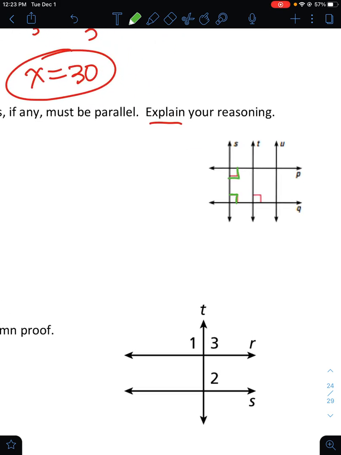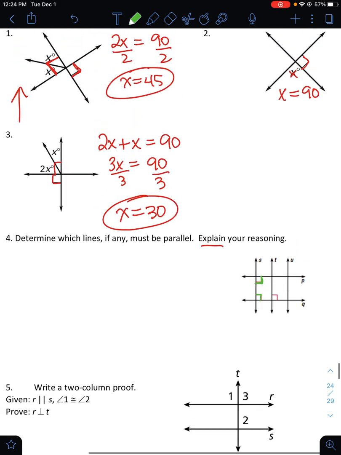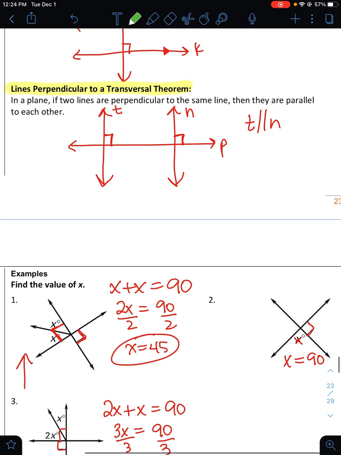Okay, I'm going to focus on 90 and 90. When I see that, what jumps out to me is two things. These two 90s are consecutive interior, and the consecutive interior converse says that the lines must be parallel. I could also just use the lines perpendicular to a transversal theorem.